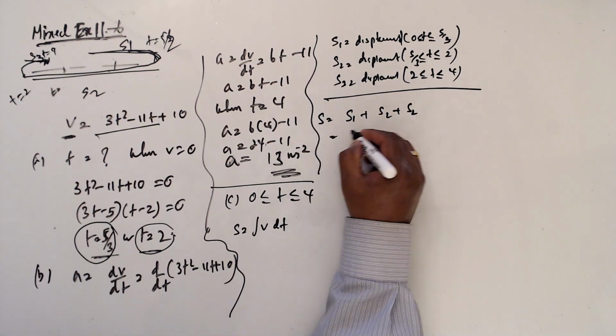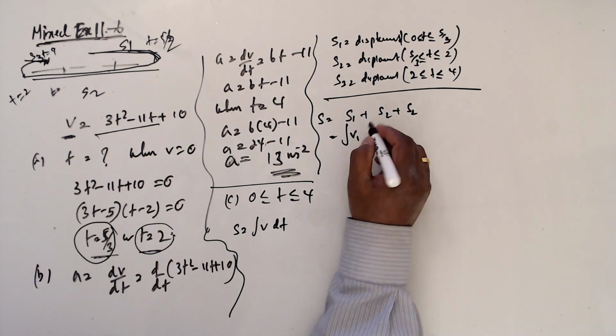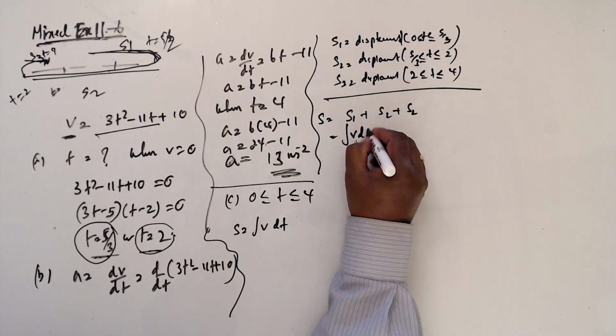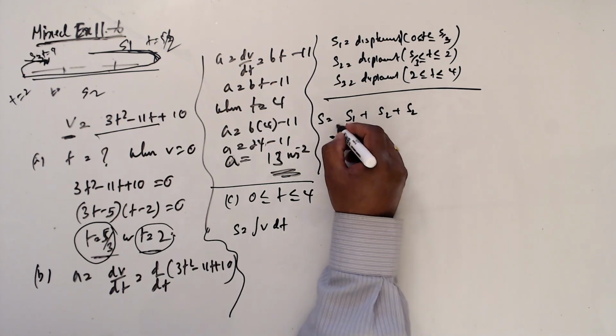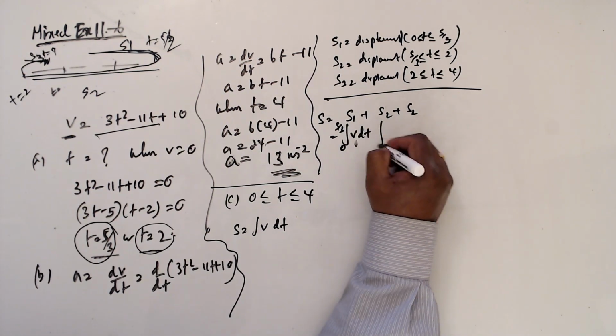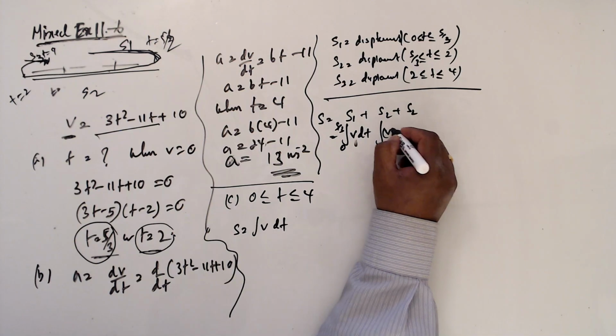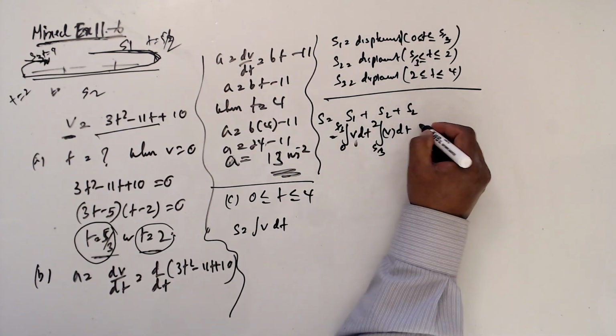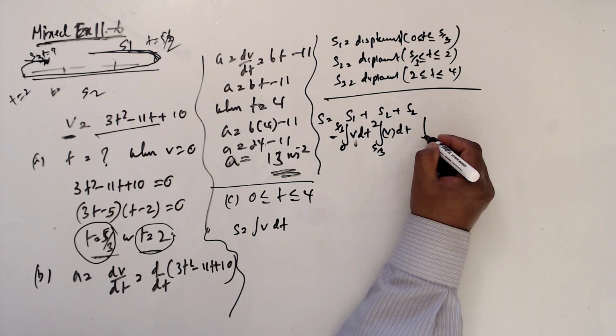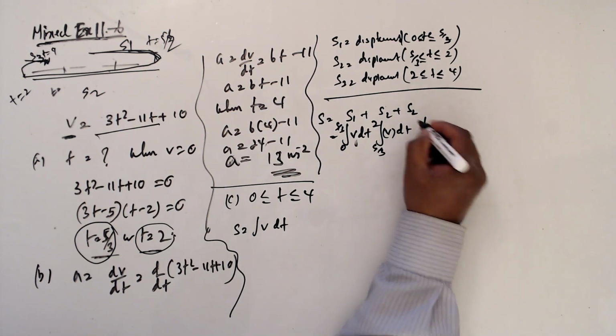It means the integral of V dt from 0 to 5 by 3, then the integral of V dt from 5 by 3 to 2, and then the integral of V dt from 2 to 4.